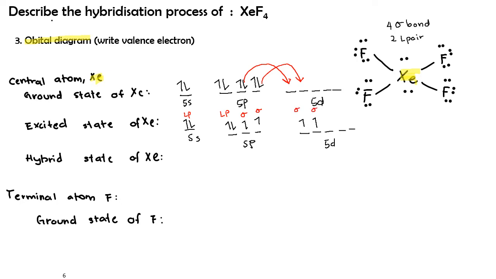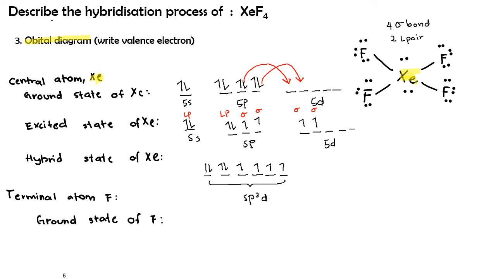Okay, next is the hybrid state. So this hybrid you already predict before this. It will be sp3d2, and there will be 6 of them. 1, 2, and label the orbital.